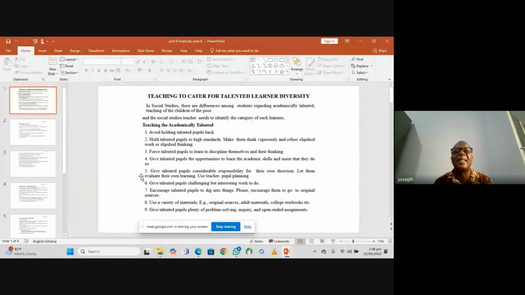Avoid holding talented pupils back. The question Madam asks, can you jump a student when he is academically good? And I say it depends. If he has knowledge about almost all the things that you are teaching them in that class, there's no need holding him. You have to let him move ahead.